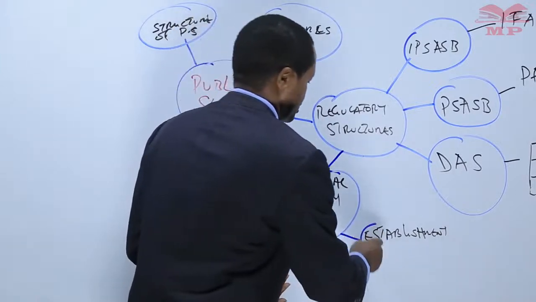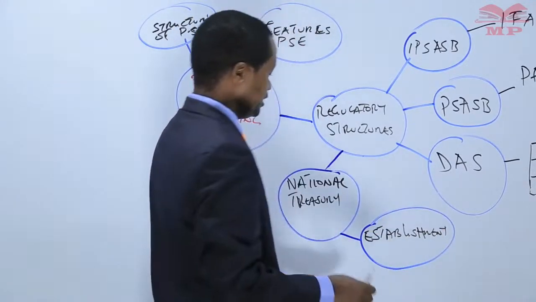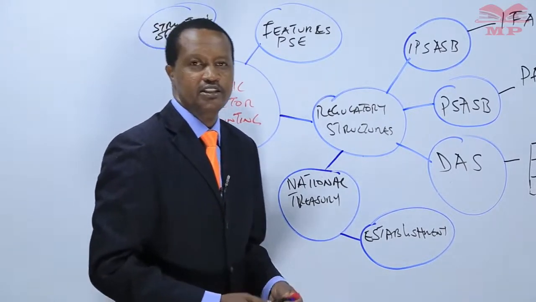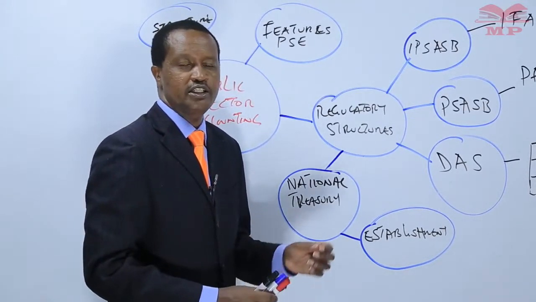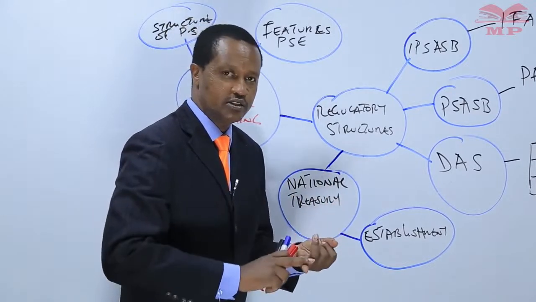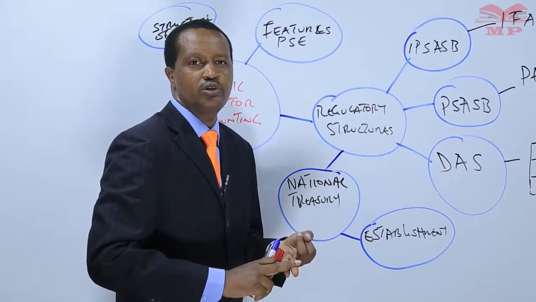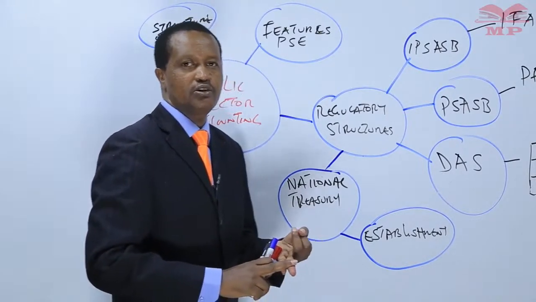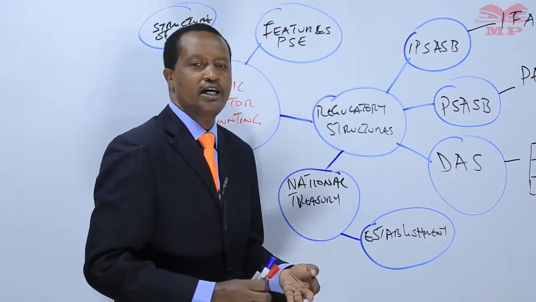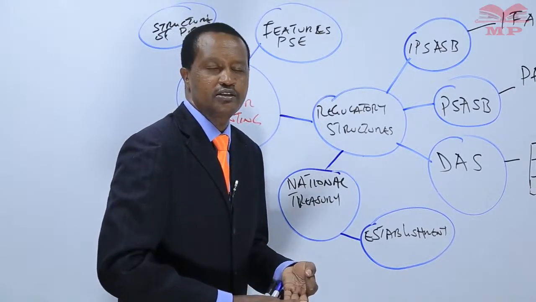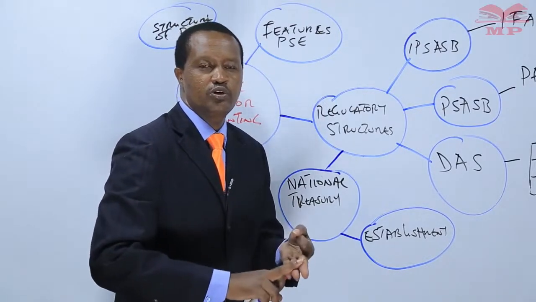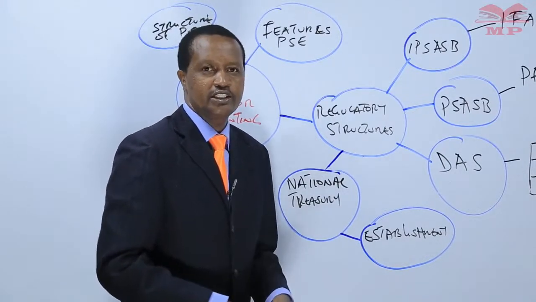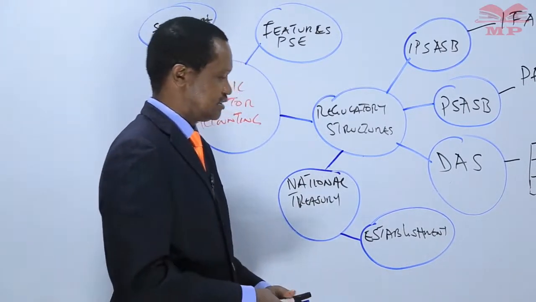The National Treasury derives its mandate from, number 1, the 2010 Constitution; number 2, the Public Financial Management Act of 2012; and the Executive Order number 2 of the year 2013, which was about organization of government.